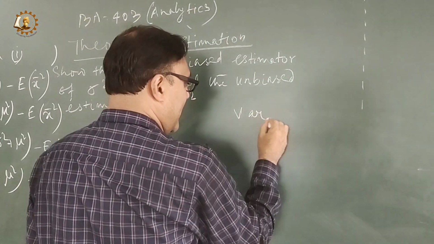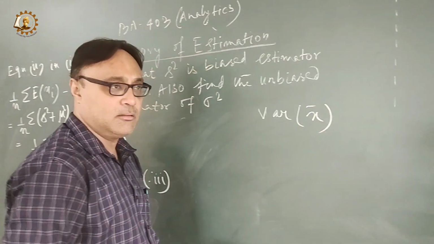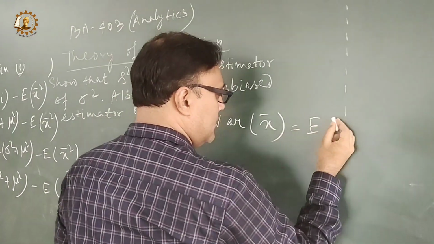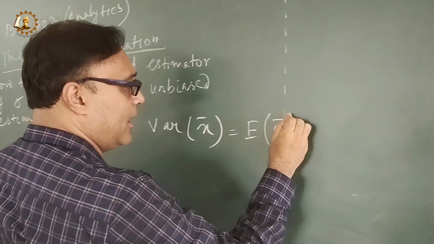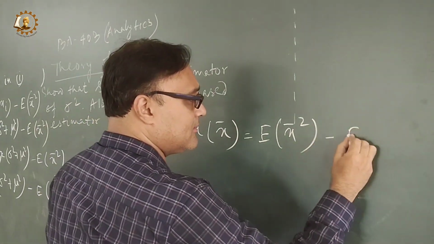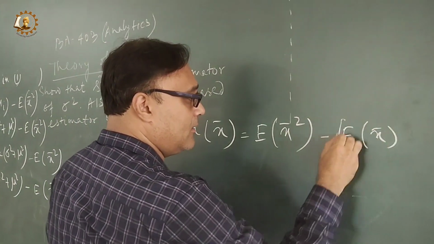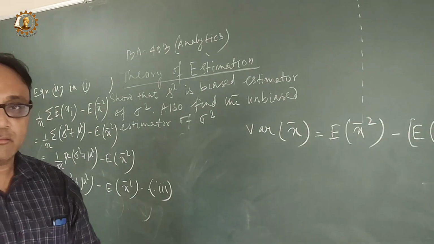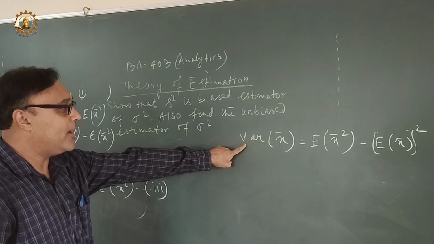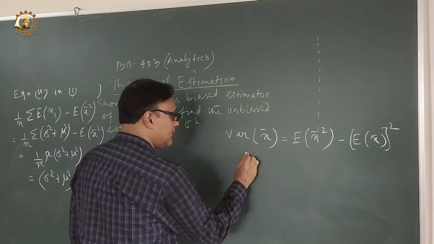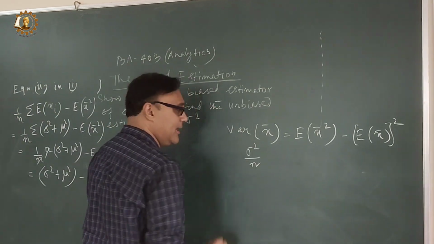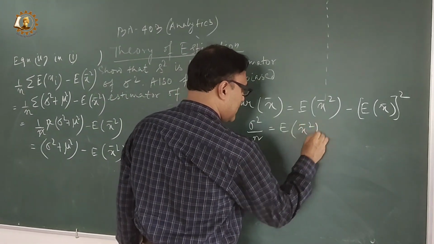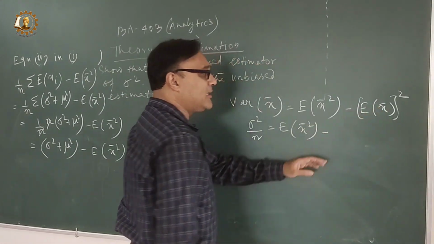We know that variance of x bar, again by definition, is equal to E of x bar square minus E of x bar whole square. Now already we have proved that variance of x bar is nothing but sigma square by n. This will be E of x bar square minus E of x bar, which means mu.